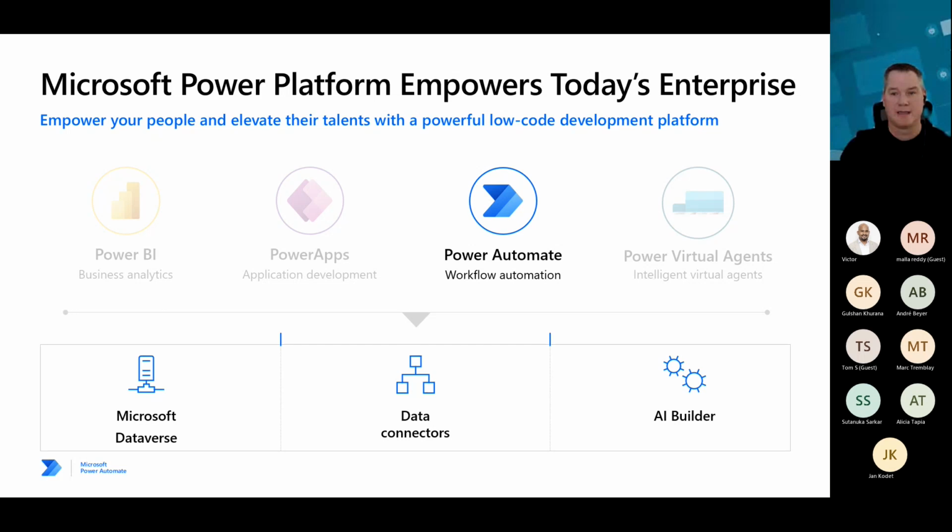Connectors is another shared asset that is leveraged across the platform as well. It really gives our platform an opportunity to connect to all of these various systems. We're going to talk more about this later when we discuss connectors and APIs versus UI automation and what we should be using.